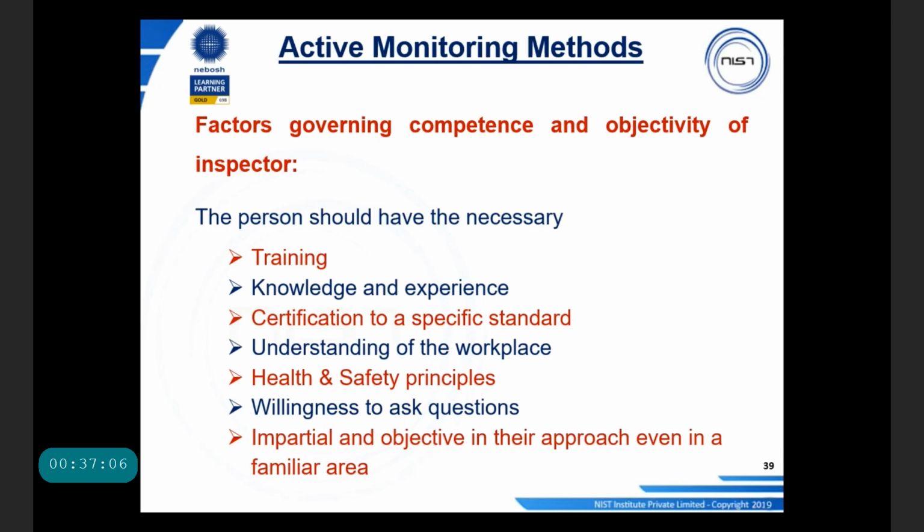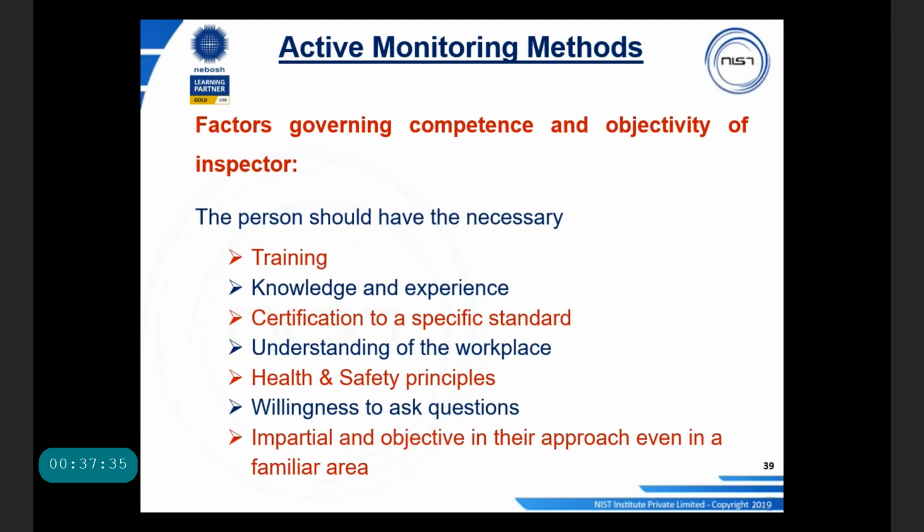Do you want something like this, or do you want somebody to say what is as it is? I'm sure you're agreeing that you want somebody to say it as it is. So such a person is called objective. No, it's not realistic. Realistic means something else. In fact, when the inspector puts a tick mark on the checklist saying it is okay, then he may even be realistic, but it's actually not okay.